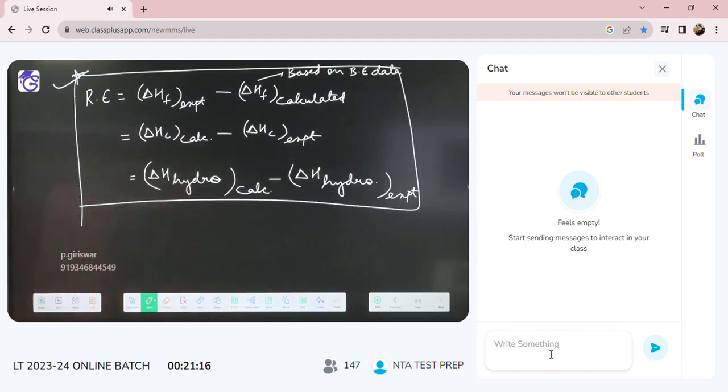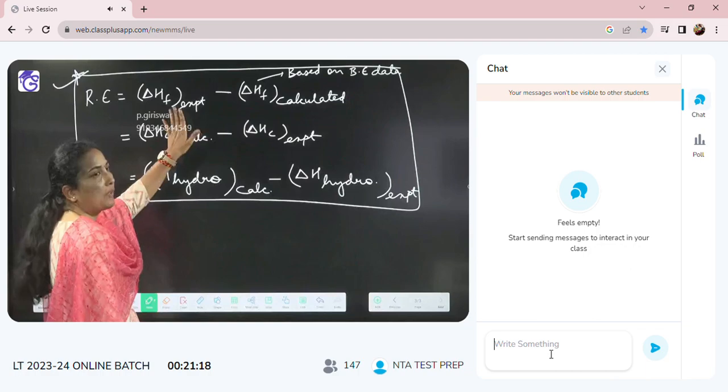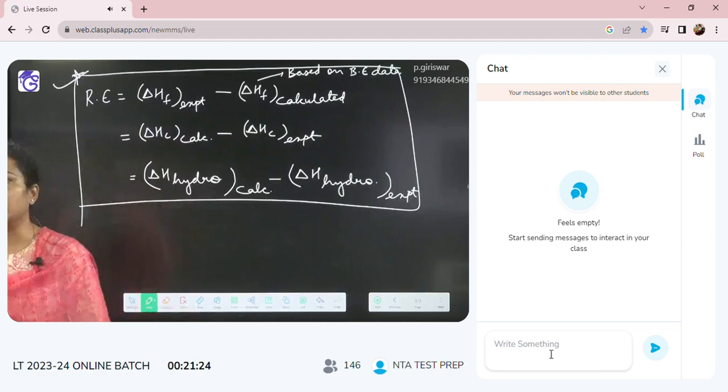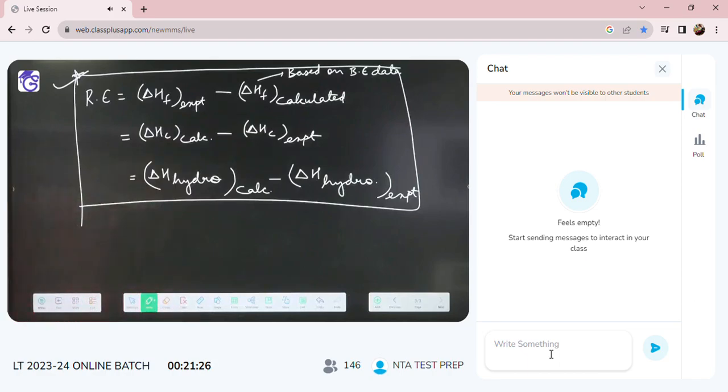So first write this down, and remember, only for enthalpy of formation you have experimental minus calculated; in the rest you have calculated minus experimental. Write down the formula and let me know.